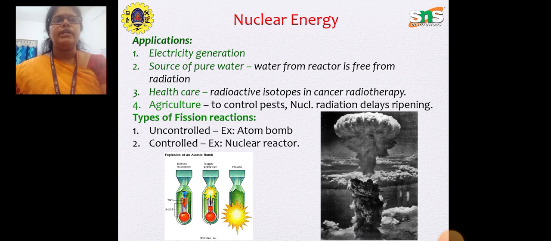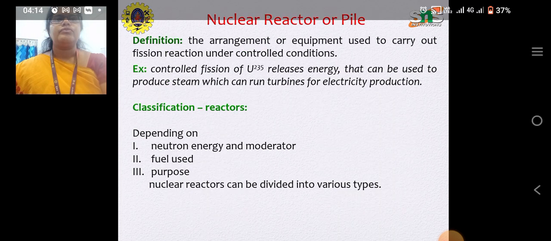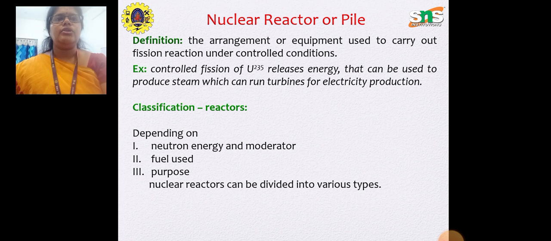Nuclear radiation delays the ripening of the crop. Then there are different types of fission reactions. They are uncontrolled, for example the atom bomb, and controlled, for example the nuclear reactor. We can see about the nuclear reactor, also called the nuclear pile, in detail. How do we define it?